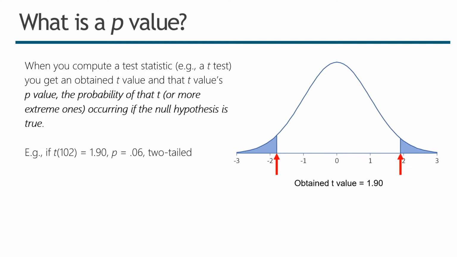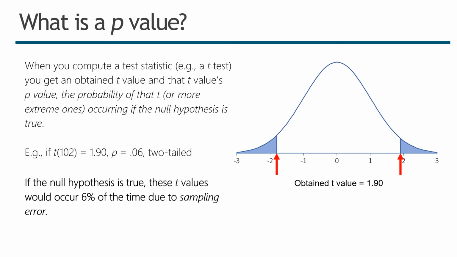The figure on the right of your screen will help you visualize what this p-value actually means. The obtained t-value of 1.9 is located on the positive side and the negative side because this is a two-tailed t. If the null hypothesis is true, these t-values, the t-values to the left of the left arrow and to the right of the right arrow, would occur 6% of the time due to sampling error.